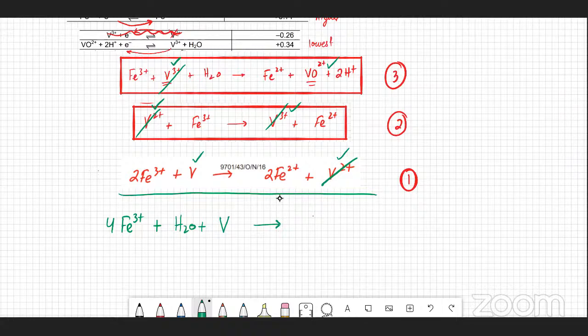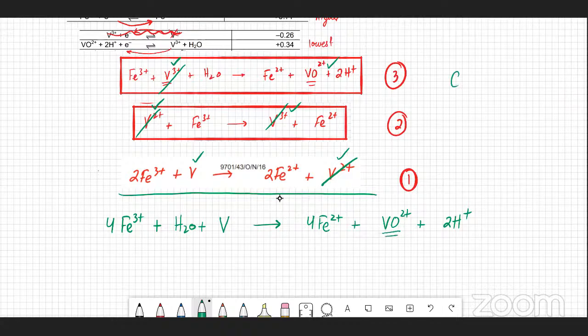There are 4 Fe2 plus, plus the other thing is that there is VO2 plus, and there is 2H plus as well. So that's your final overall equation.